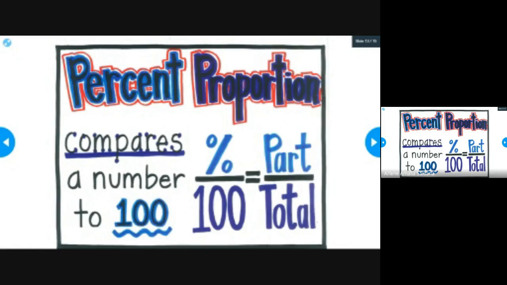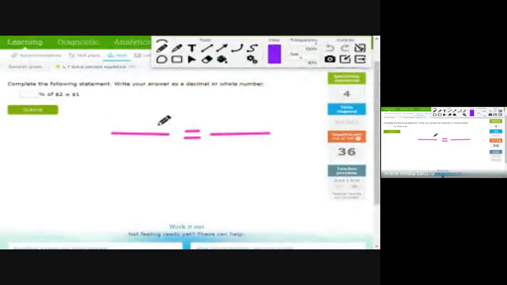So let's put this into practice, okay? Because it's different just looking at it than actually working on it. I have my blank proportion here. I'm going to place the percent on top because that's what the proportion tells me to do, and underneath the percent, I'm going to place 100.